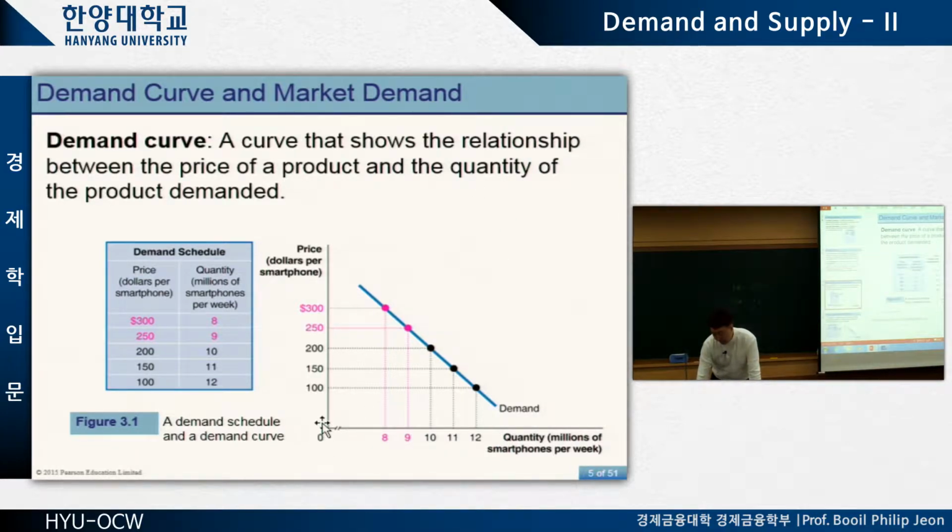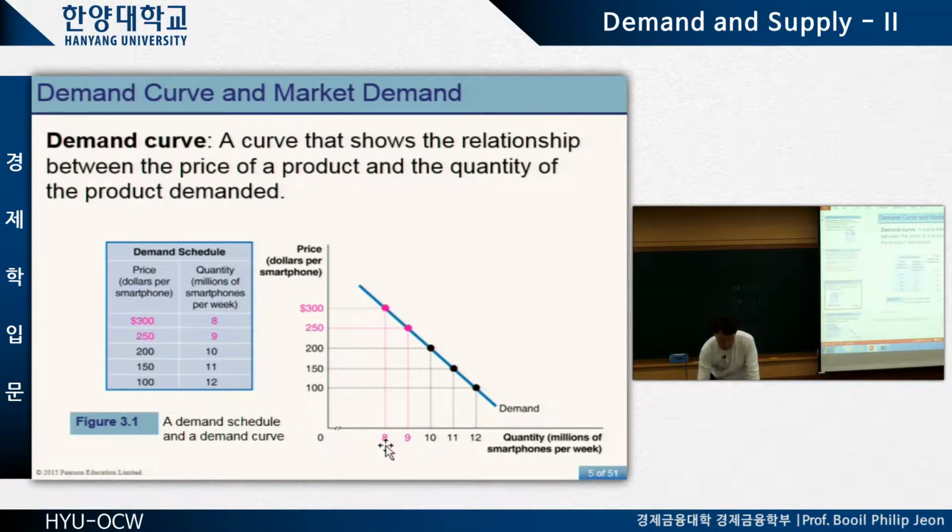We put prices on the vertical axis and quantity demanded on the horizontal axis. Here we have this pair, $300 and 8 million units. On this space, that becomes a dot right here, the combination of $300 and 8 million units.